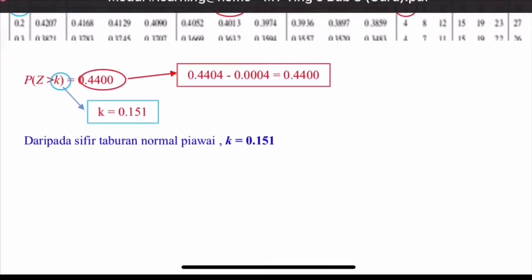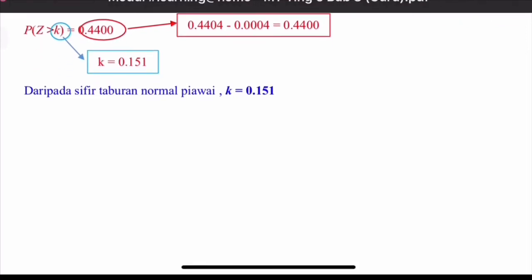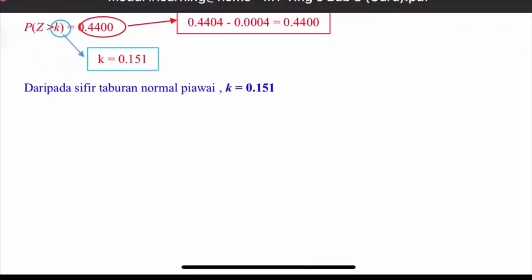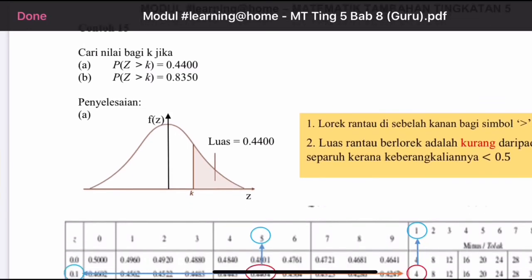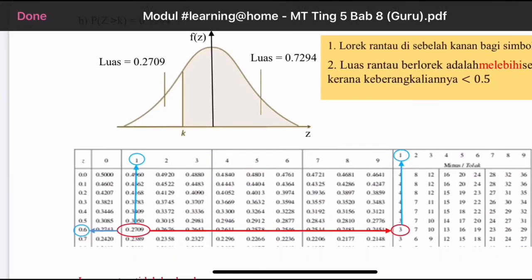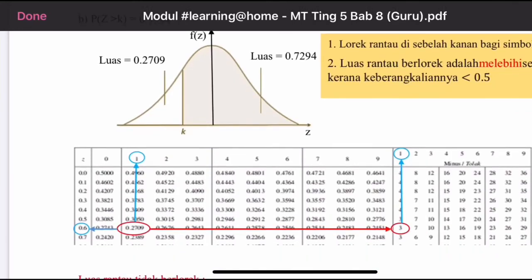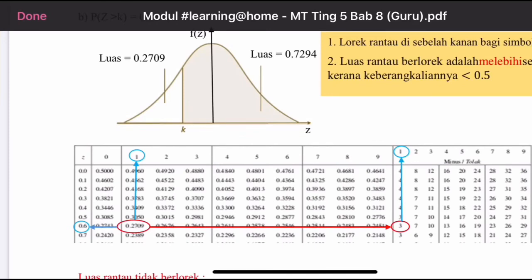So when you minus out, you have to plus 1. So the K will be 0.151. From the Buku Sifir, the K is 0.151. Probability value, you use a red color pen. Z-score, you use a blue color pen.